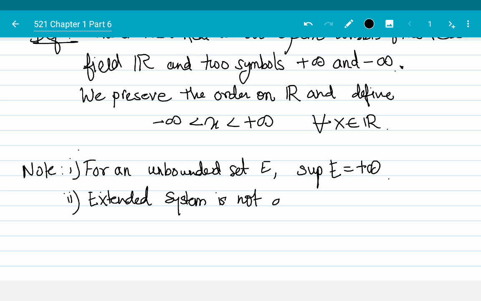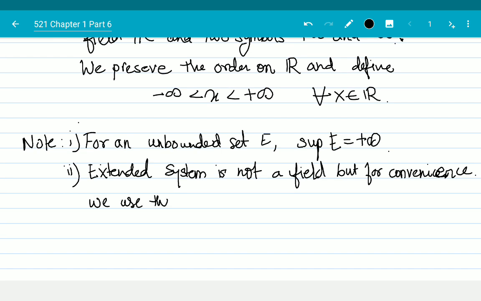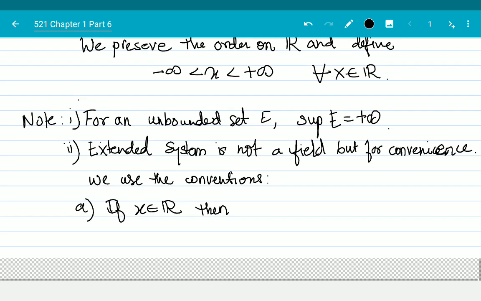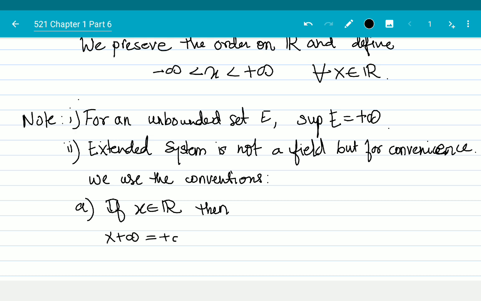But for convenience, we follow the notation and use the conventions that A, if x belongs to R, then x plus infinity is equal to plus infinity, x minus infinity is equal to negative infinity, and x divided by plus infinity is equal to x divided by negative infinity is 0.